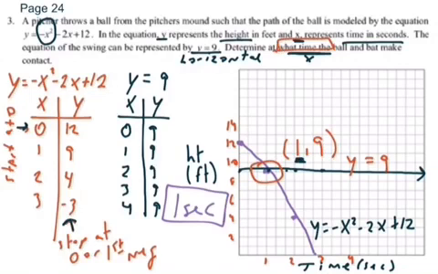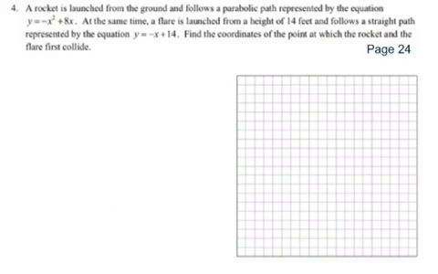Let's go on to question number 4. Question number 4 is talking about a rocket being launched from the ground. The reason they know it's a parabolic path is because the equation has an x squared on it, making it a quadratic or parabola.